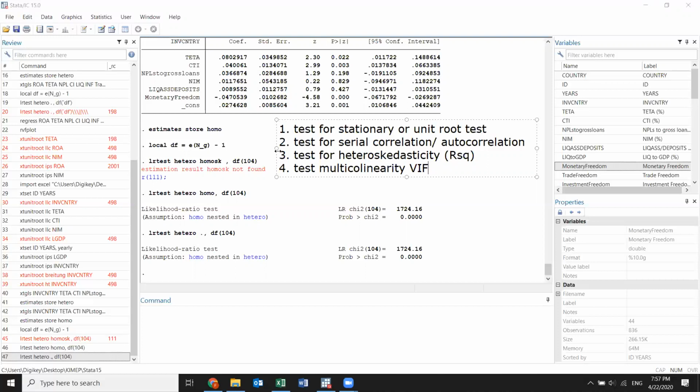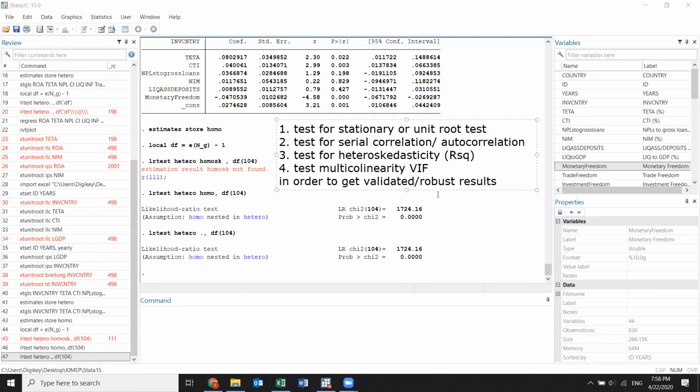So these are the things that you should know as well. So these four tests you apply in order to get validated results, or we can say robust results.